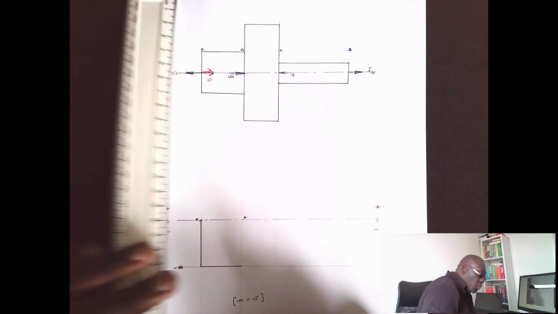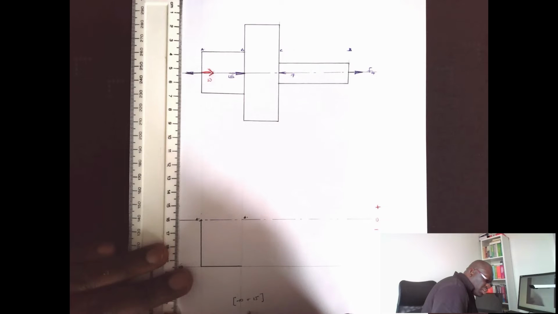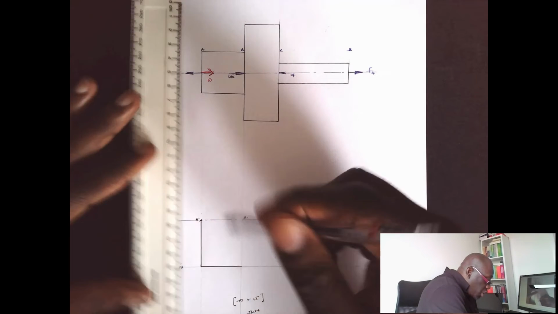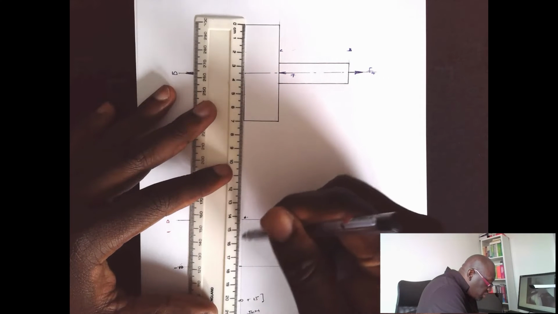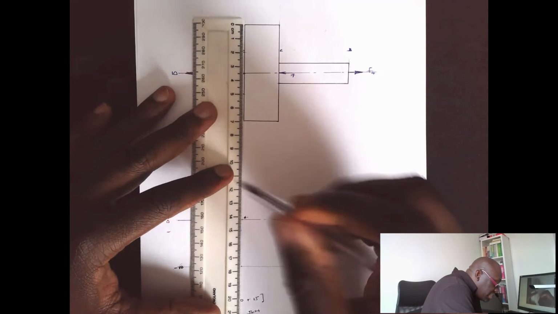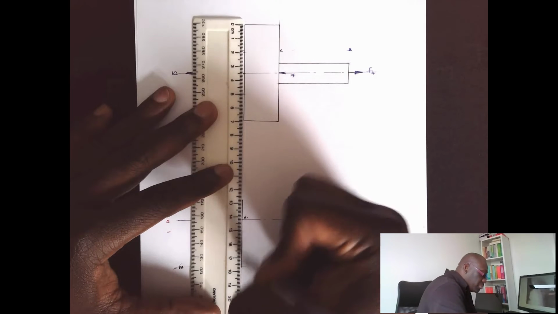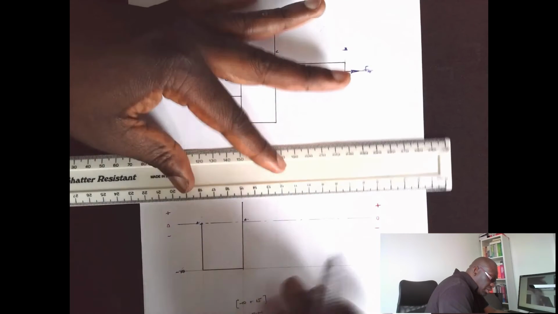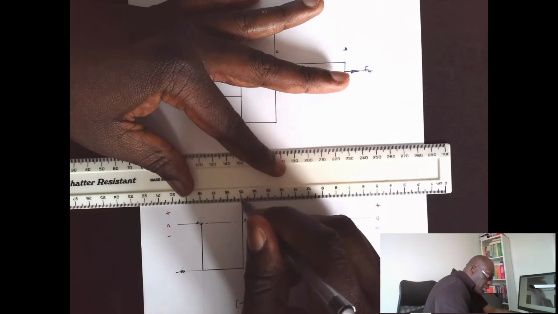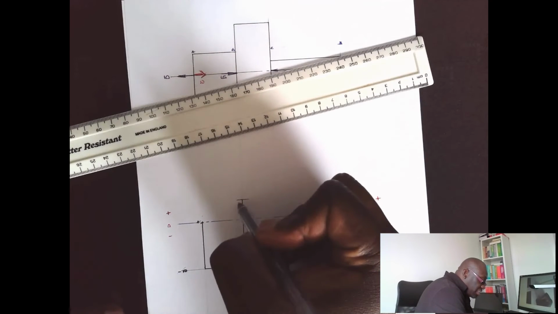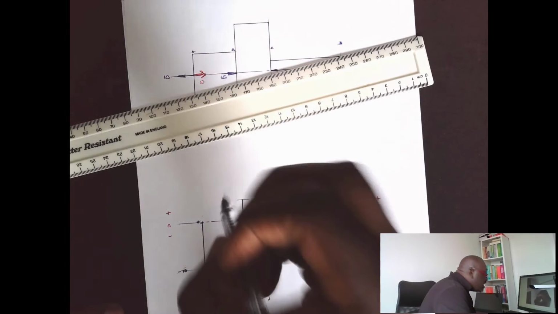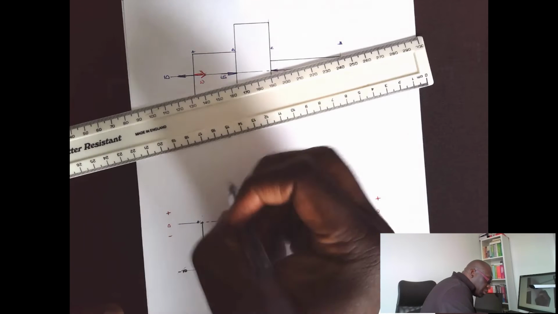Okay, so the net force will be 5 kilonewtons. So this is 10, and we need to add plus 5. This is the difference there, so that difference gives us our net internal force. So this would be 5.